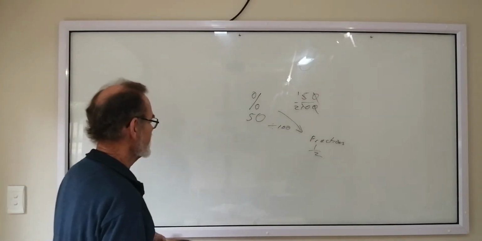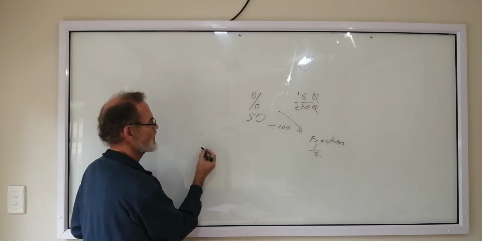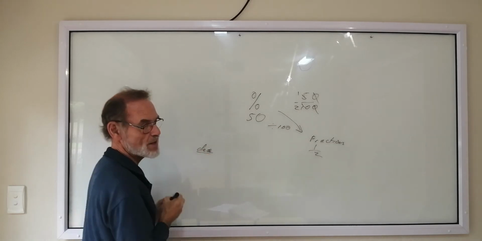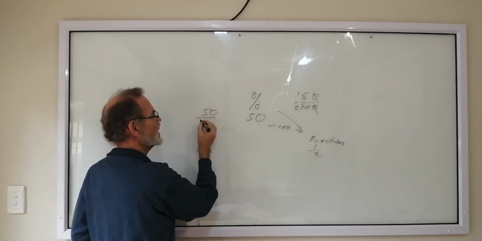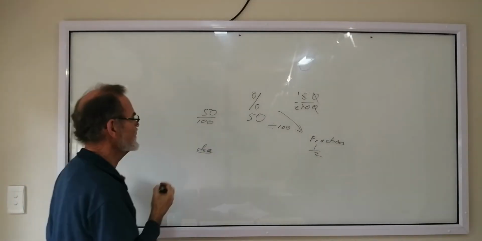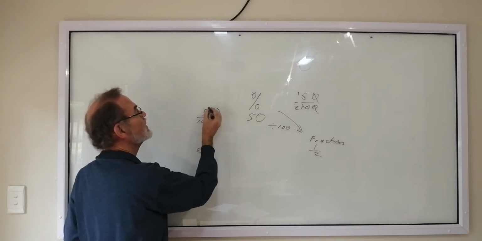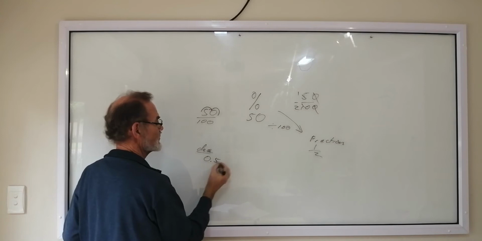Okay? If we want to express it as a decimal, we're also going to divide by 100. 50 over 100. And how do we divide 50 by 100? We move the decimal point 2 places to the left. So it's 0,5.